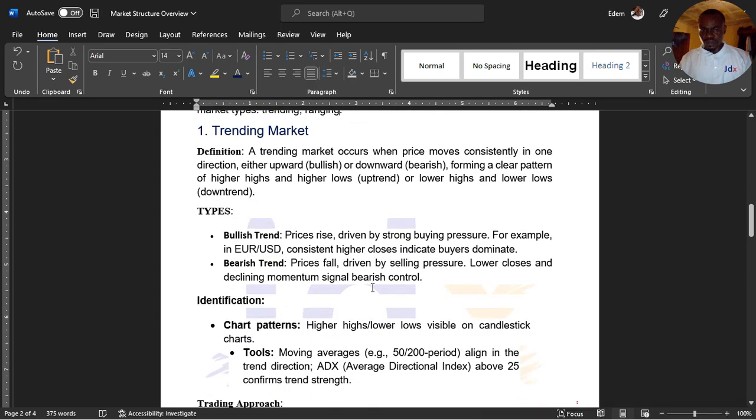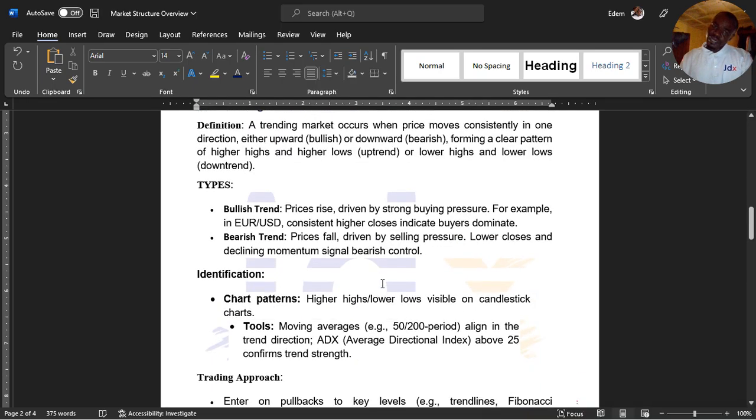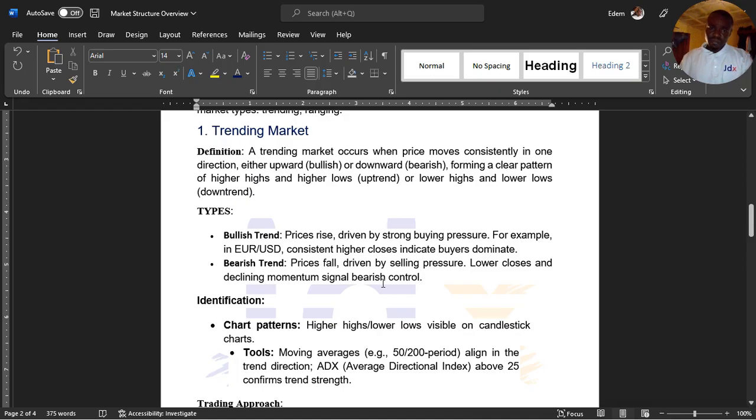How do we get to know this? Remember, we said that we have two types of trending markets, the bullish trend and the bearish trend. For a bullish trend, price rises, driven by strong buying pressure. For example, in EUR/USD, consistent higher closes indicate buyer dominance.